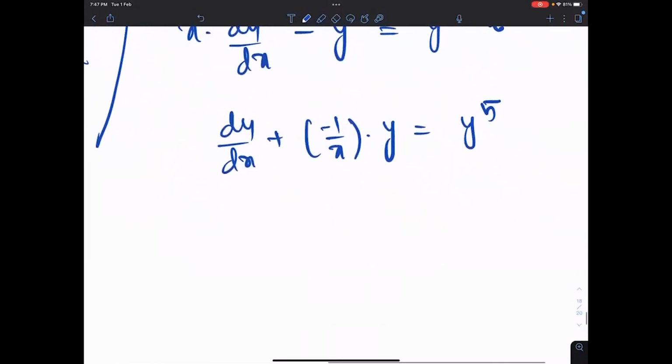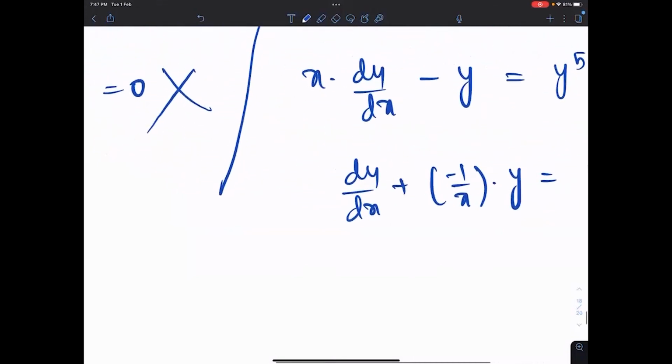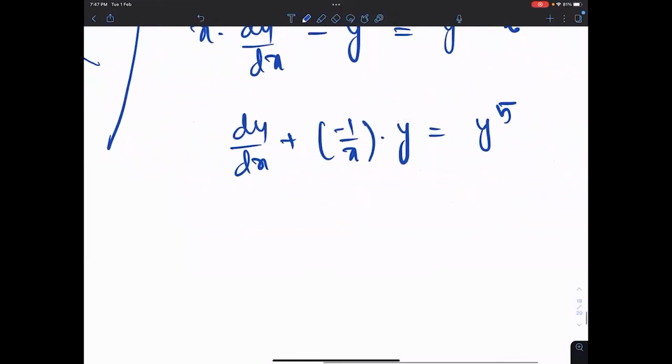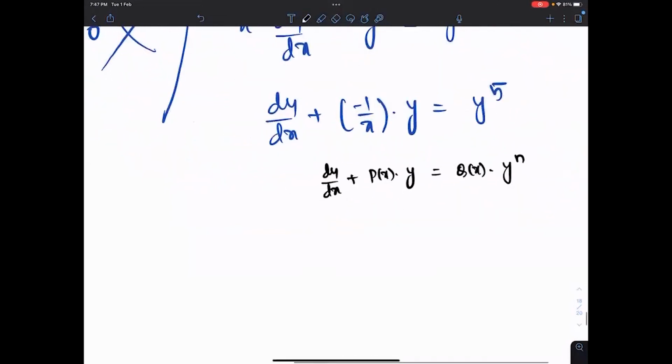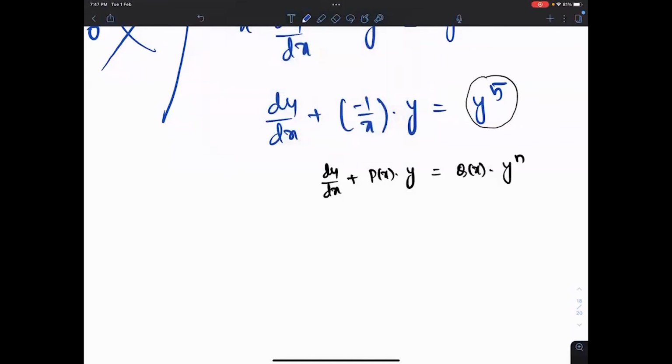That means everything is like before only, that is dy by dx plus p of x into y is equals to some q of x, but extra here y power n will be there. So what you do in Bernoulli's equation is simply divide by y power 5 everywhere, whatever y power n is on the right hand side.